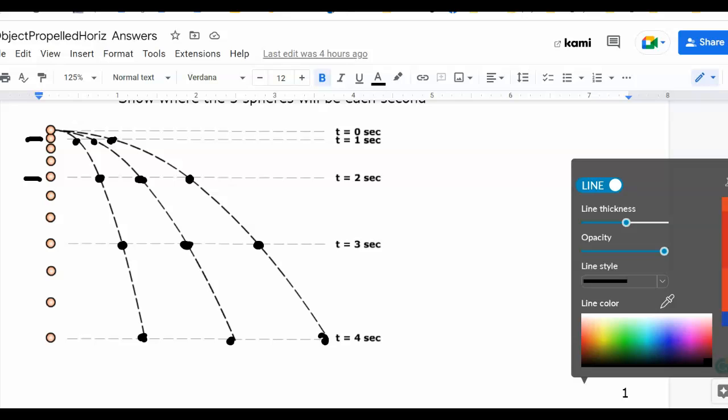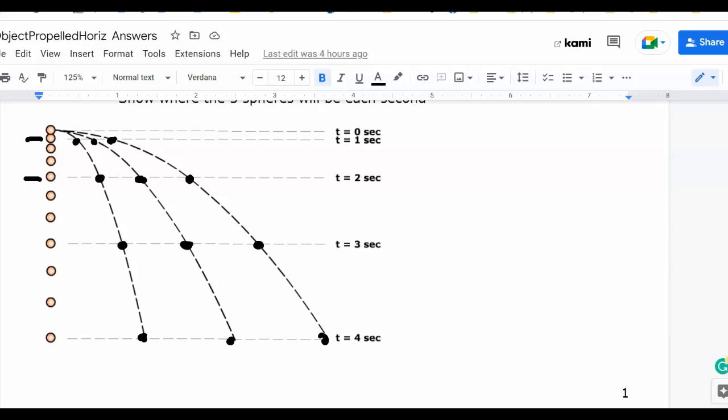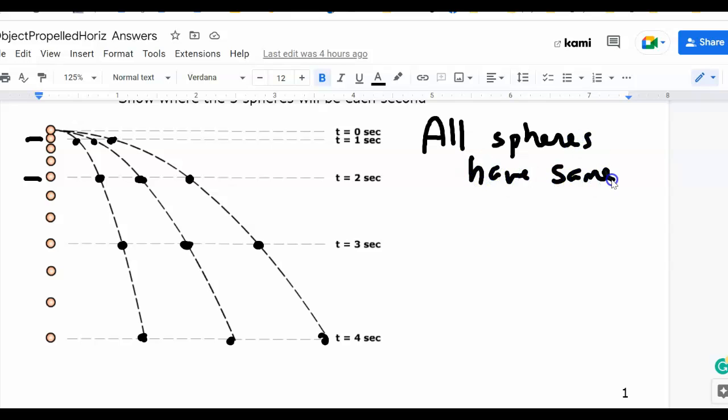I hadn't thought of that. They all have the same. All spheres have the same. They have a lot of things the same. Same Vy, vertical velocity. What else do they have the same? Good. It's all 9.8. All the same ay. You know what else they have the same?